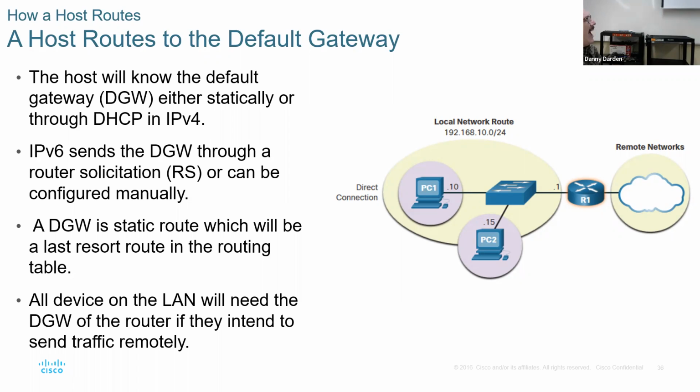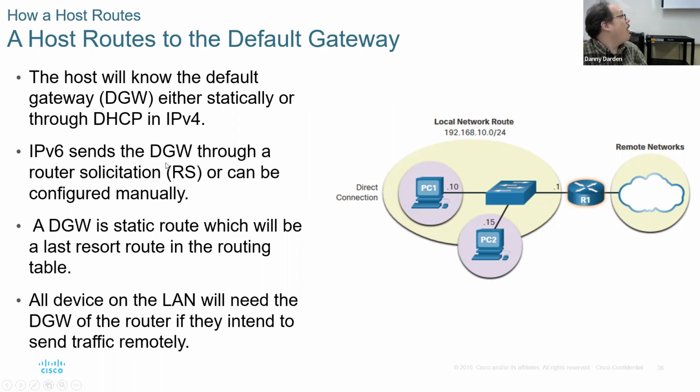I have never seen that in real life. DGW, that's just not an acronym we use in real life. I think they're using it to avoid having to write that out every time. But you won't find this in documentation, I don't think.